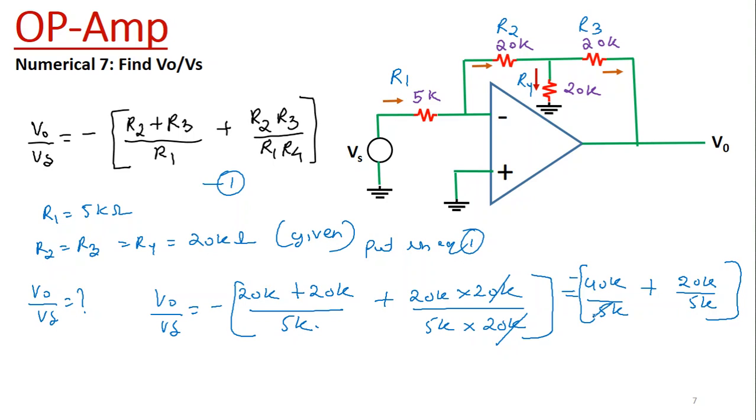So we know that 5 ones are 5, 5 eights are 40, and 5 fours are 20. So here we get the answer equal to minus 12. So our V0 by Vs is equal to minus 12. So this is the value which we are getting. So the feedback gain for this circuit diagram, the numerical value, is minus 12.